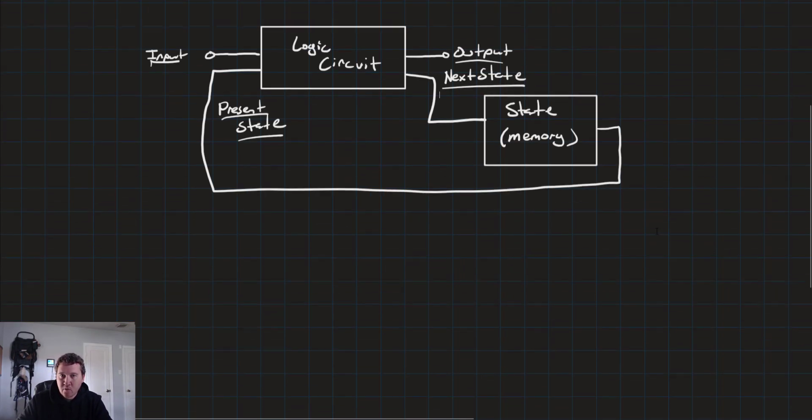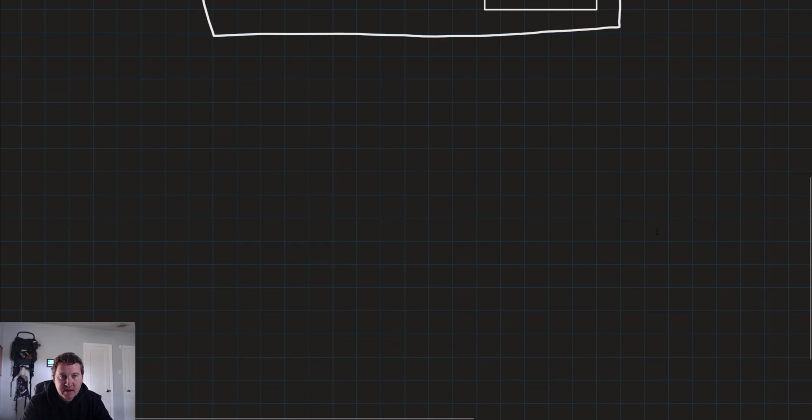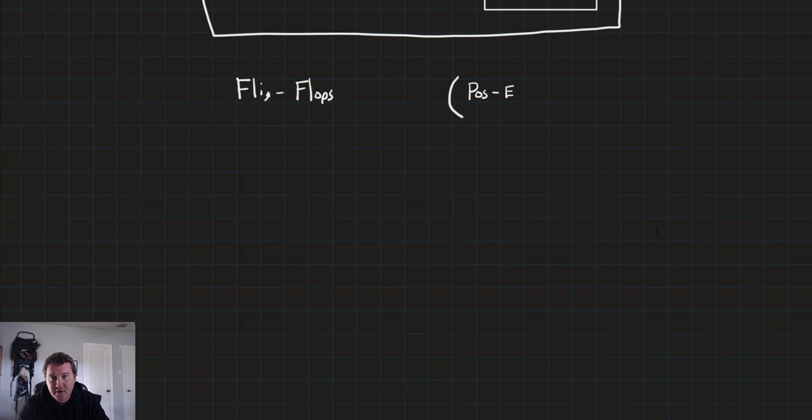Let's take a look at how that works. The first thing we need is to go back and quickly revisit our flip-flops. Unless stated otherwise, we're always going to assume that we're working with positive edge triggered D flip-flops. When we go to draw these, they're going to look like this.